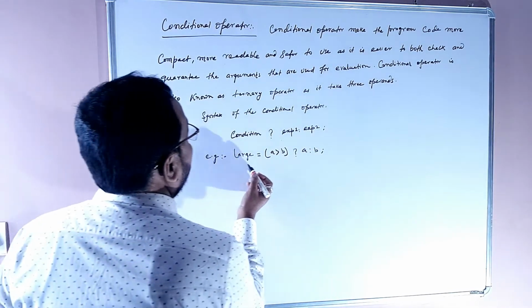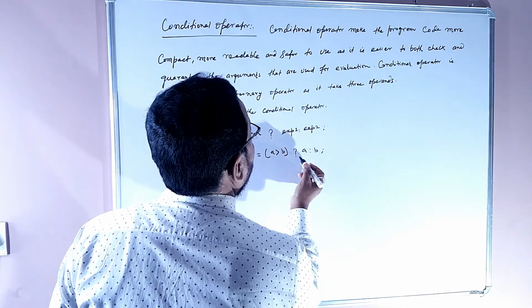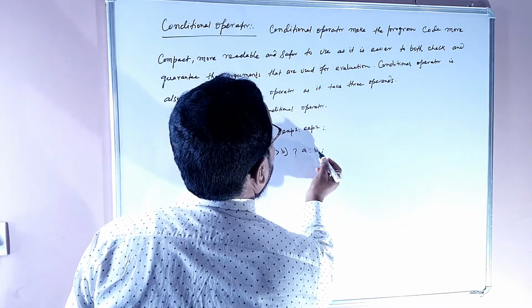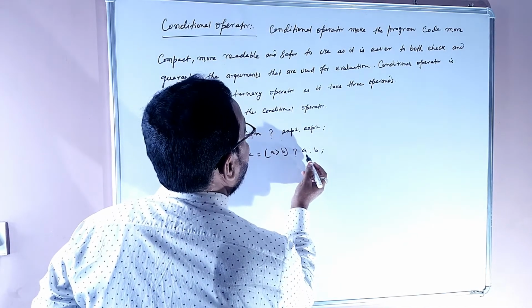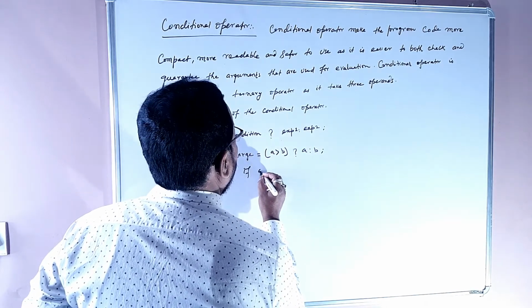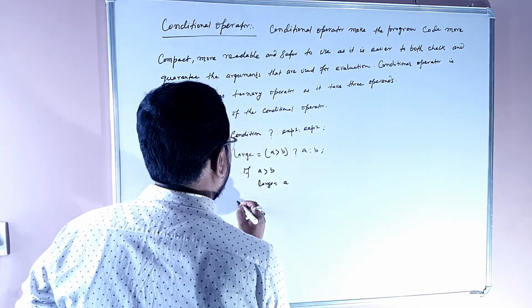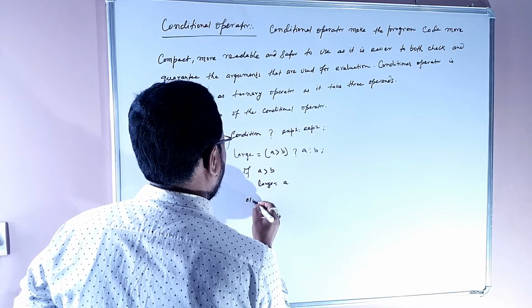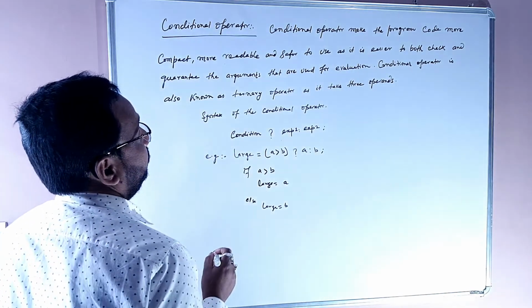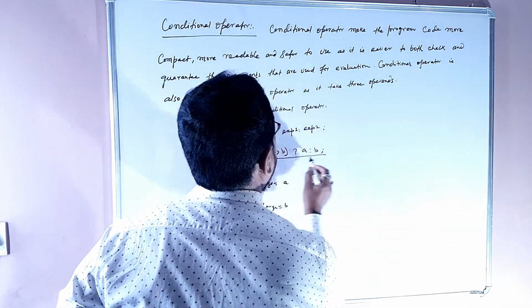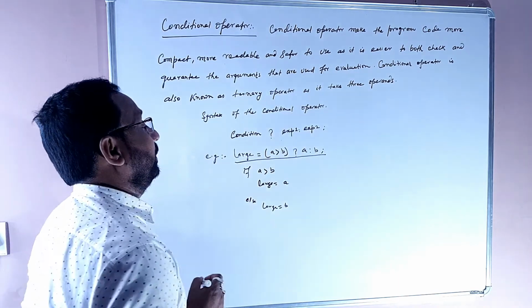Example: large = A > B ? A : B. It means if A is greater than B, then large = A, else large = B. This is the ternary operator. It works like an if-else statement.